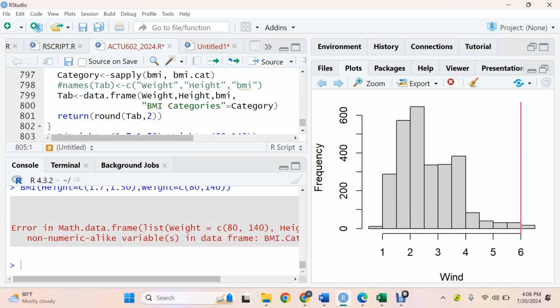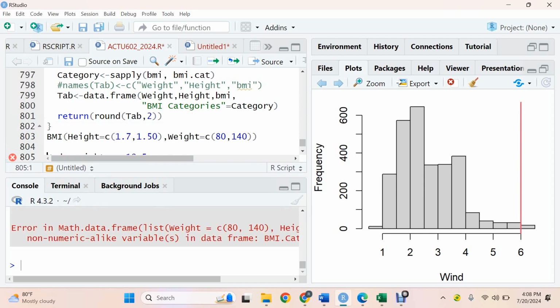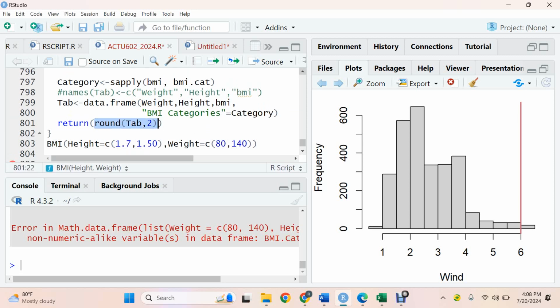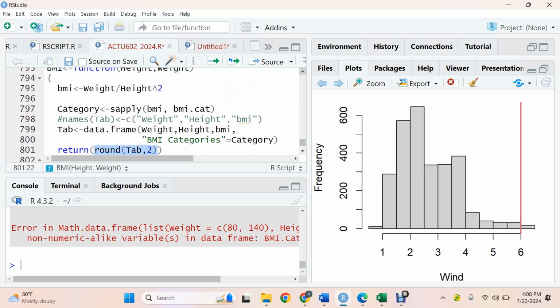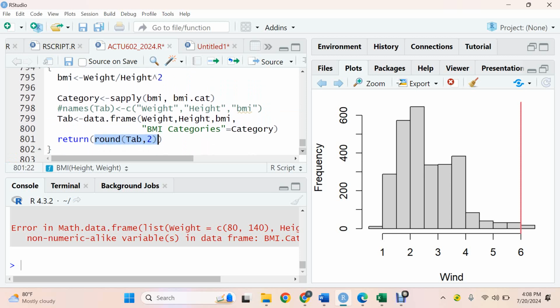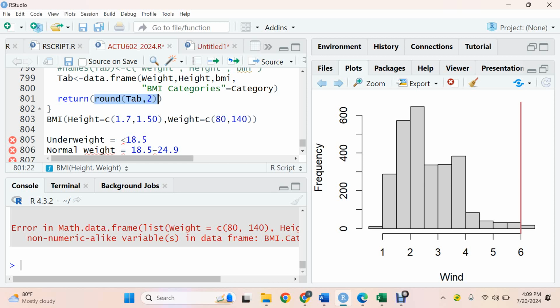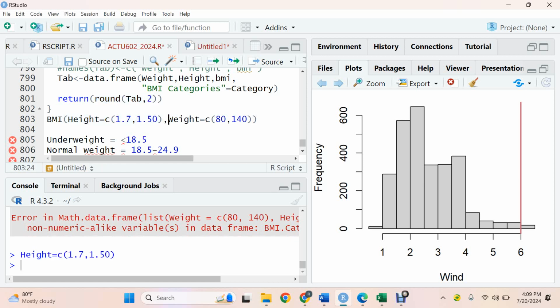Error in math list. Non-numeric. Okay, so I can rerun it as this, let me do this and see what the problem is.